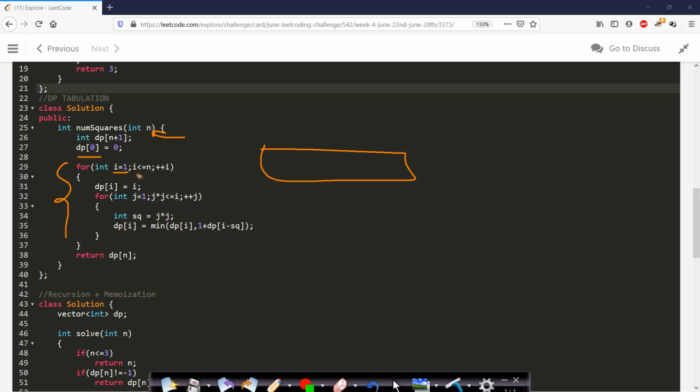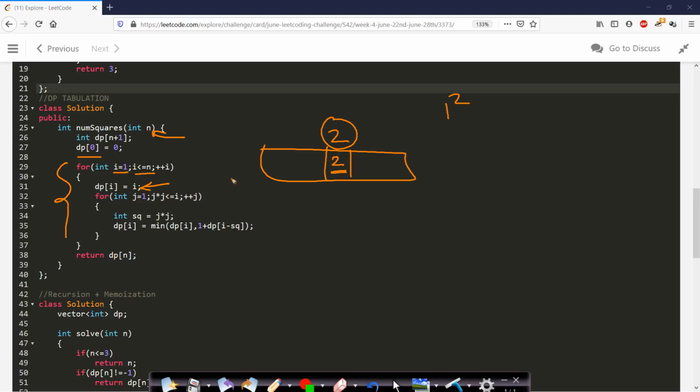I have processed each and every number from 1 to n, and for each number I have assigned the current cell with the value i, because this is the maximum number of splits. So if you are at this number 2, then initially I was showing that it will be 2. 2 will be filled because we can always break a number into chunks of 1 square. Now since this is filled, this is the maximum possible divisions.